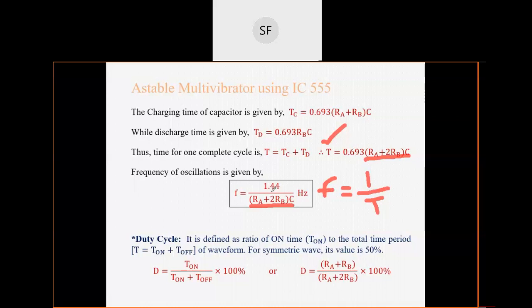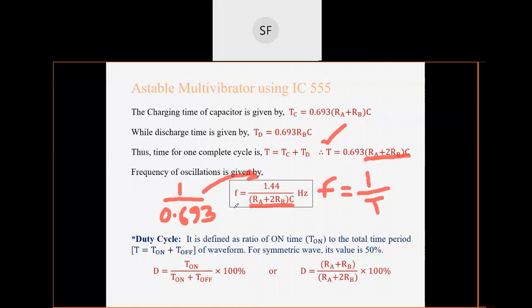Because this whole term goes into the denominator. So when you do 1 divided by 0.693, someone calculate and tell me the value. 1 divided by 0.693. Do this calculation and give me the answer. Anyone? 1.44. Yes, 1.44. All right. So this 1.44 is now written in the numerator. So this is how this formula is written. One and the same thing. Okay.